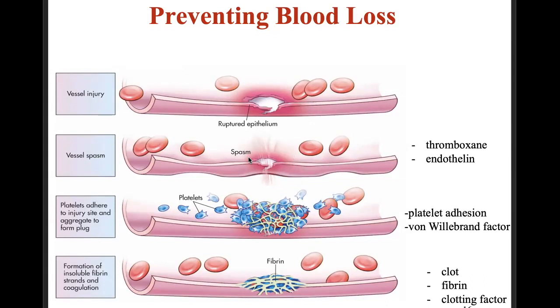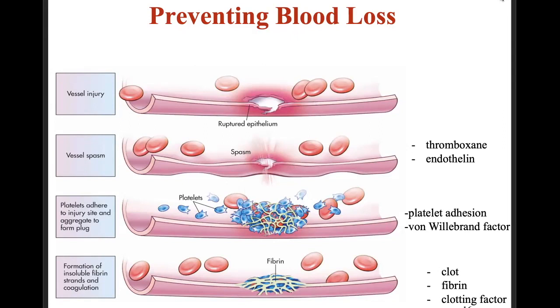Vascular spasm. So as you can see here, there's spasm happening on this part. This is the site of the injury. So in vascular spasm, there's going to be temporary constriction, constriction of the blood vessel. So what is happening there? There are smooth muscles within the wall of these vessels, right? And then what will they do?